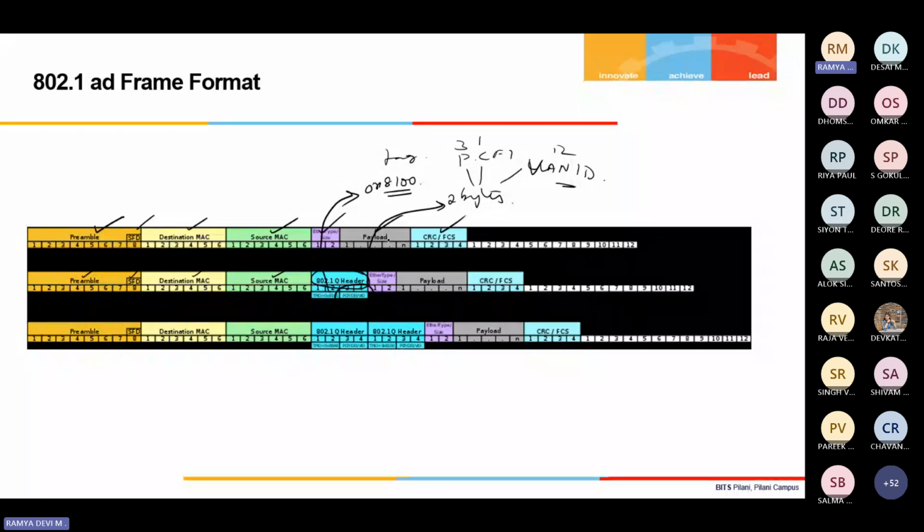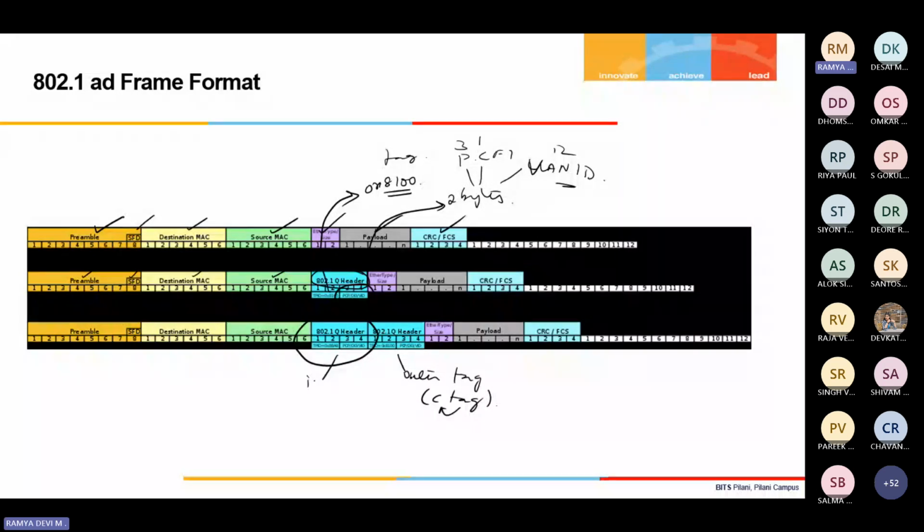When it enters from the edge switch and moves to the service provider, see here, this is the outer tag, which will have the service provider tag information.